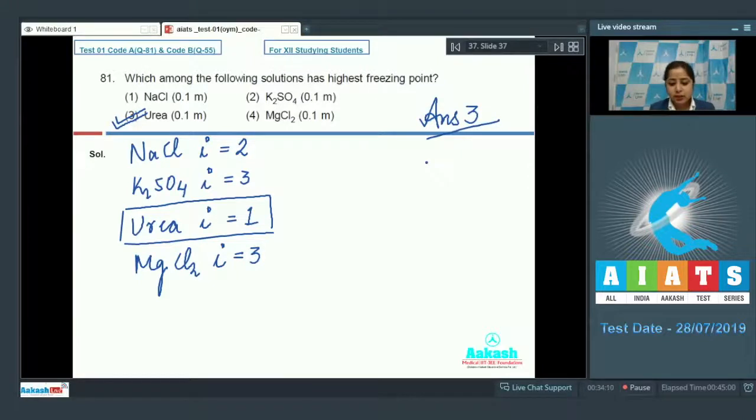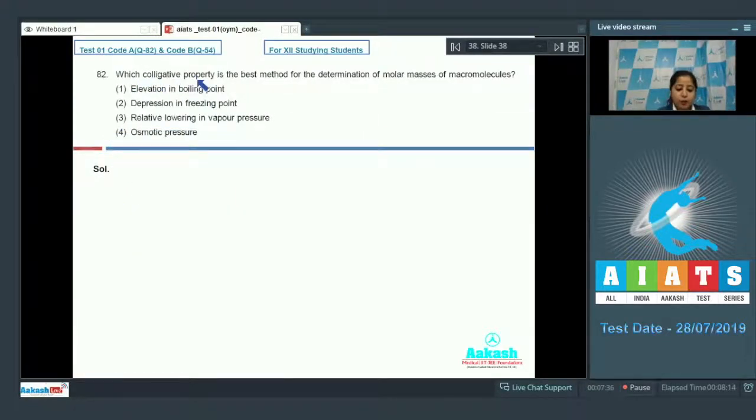Let's move to our next question, class. Which colligative property is the best method for the determination of molar masses of macromolecules? Class, this question is again from colligative properties and one of the most frequently asked questions. We have to analyze which colligative property is used for the determination of molar masses of macromolecules. The first option is elevation in boiling point.